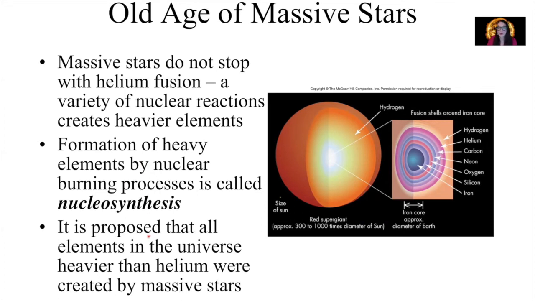And it's proposed that all elements in the universe heavier than helium were created by massive stars. So yeah, we are all made of star stuff. Pretty much everything surrounding us other than hydrogen was created in the interior of a star. Okay, so we talked about how the largest stars have the shortest lifetimes, just a couple of billion years, okay?